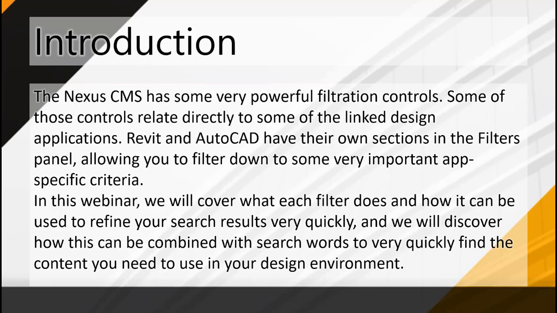And each of those have a very special section within the filters panel. We've used these in previous webinars a little bit, but this one here, we're going to talk in detail today about what each filter does, how you can use it, how you can combine these things together to really filter down and find exactly the content that you need.